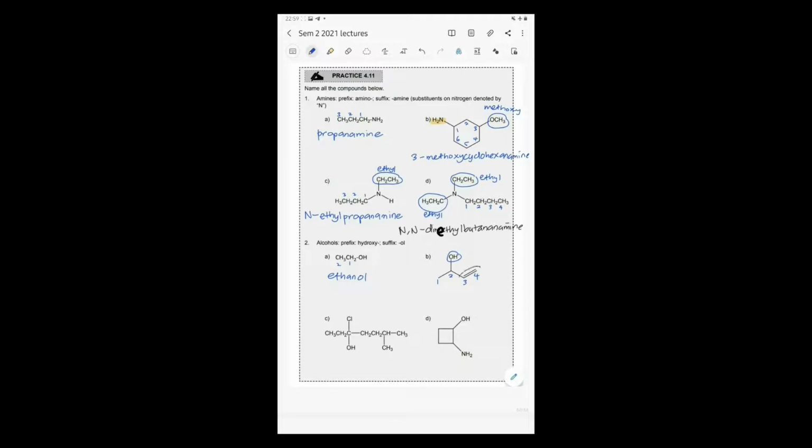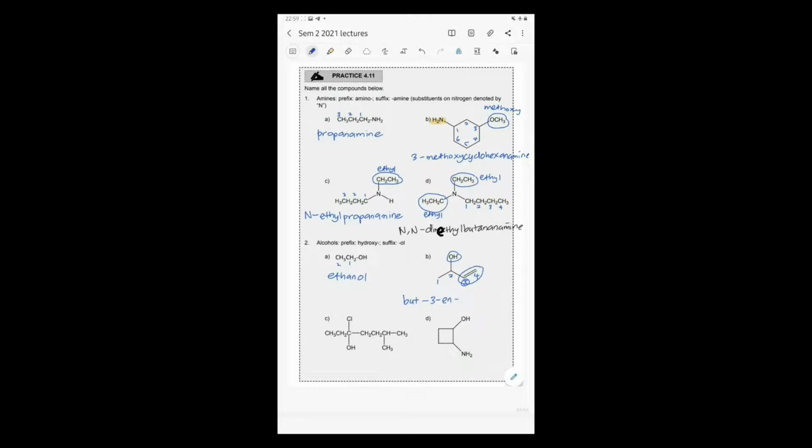We have a double bond, C double bond C there, which is an alkene. So the name will be but, for 4 carbon. Then we state the position of the C double bond C, which now becomes a substituent. We call it 3, because of this position: 3-en.